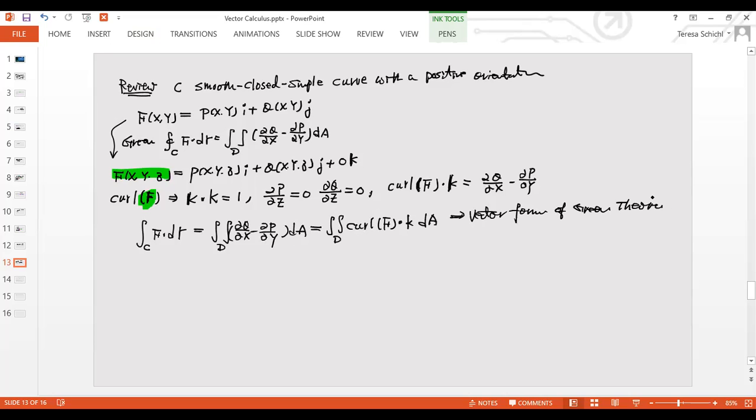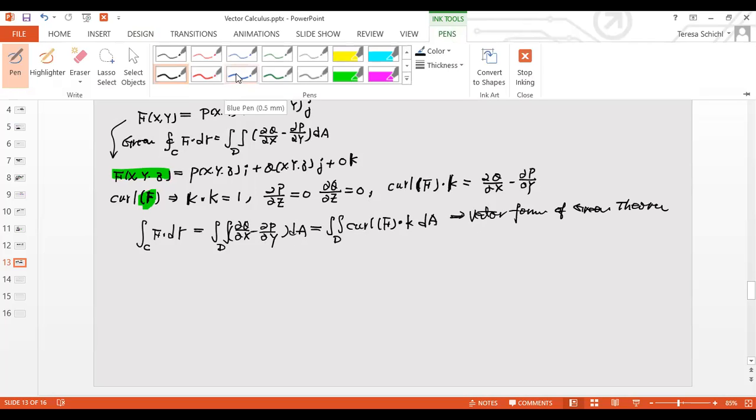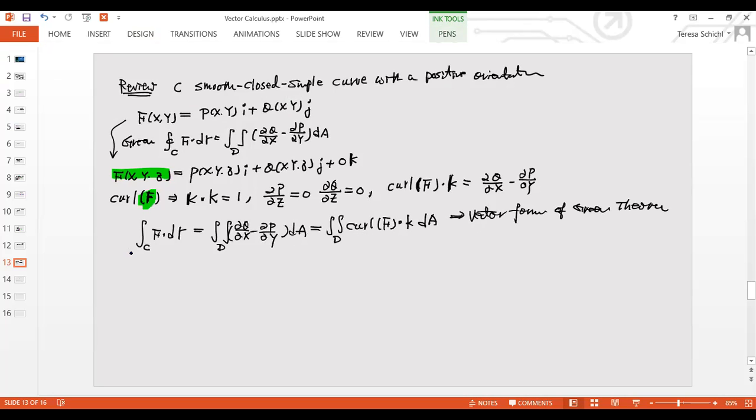Okay. And also, in here, I want to separate these ones. These ones here we call line integrals.